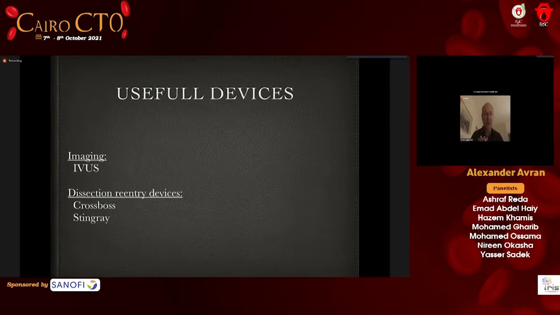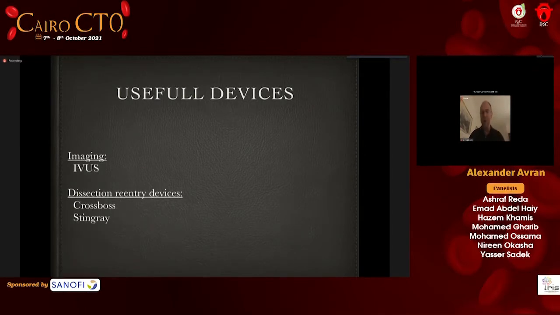And also the dissection reentry devices, Crossbow and Stingray, are useful because I use them. So I can tell you they are useful, but not mandatory to start a CTO program.